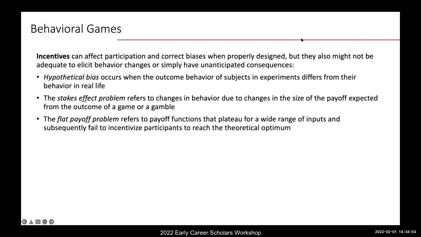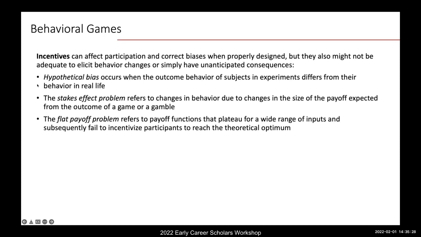Okay. Then an important part about incentives is that they can affect participation and correct biases when properly designed. But as we have seen before, they might also have unanticipated consequences or not actually be adequate to elicit behavior changes. I have to be quick, so what I want you to look at is 3 different types of biases and problems that might occur when you design games or work with incentives in general.